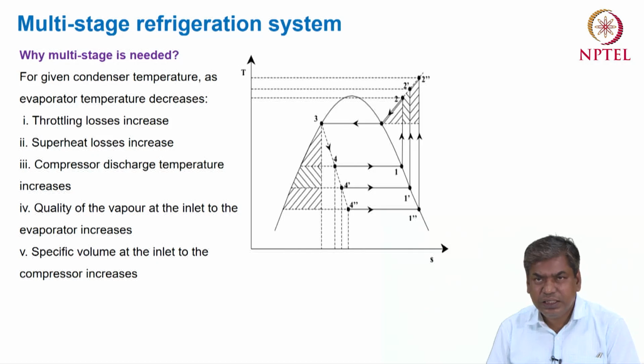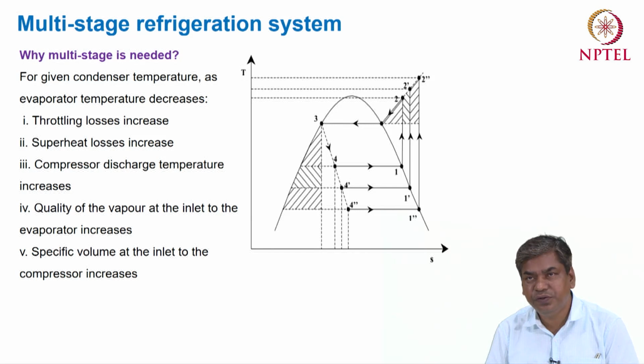Another thing is that as we decrease the evaporator temperature, that means as we increase the temperature difference between the evaporator and condenser, the discharge temperature will increase. The discharge temperature at point 2 double dash, T2 double dash, is higher compared to T2.